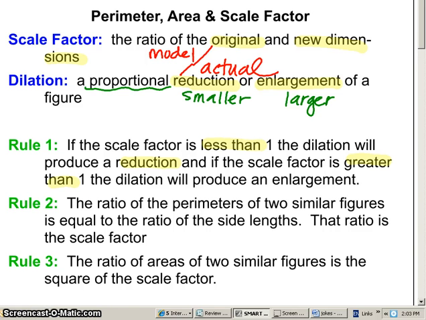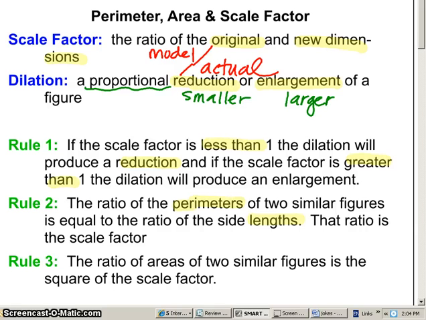Rule number 2. The ratio of the perimeters of 2 similar figures is equal to the ratio of the side lengths. That ratio is the scale factor. So here's what this is saying.